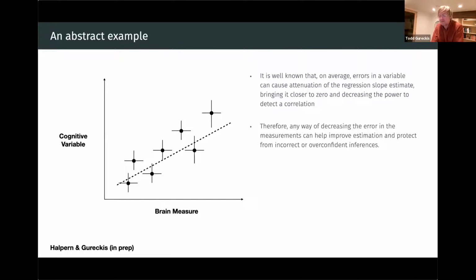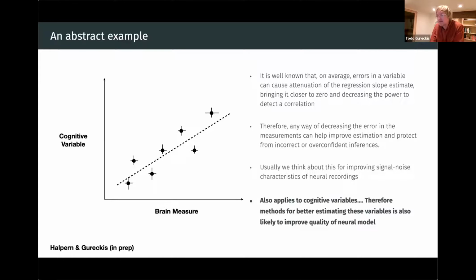So therefore, if we want to know something about this function, improvements in estimation should help protect us from incorrect and overconfident inferences. Now, usually we think about this in the context of the signal to noise characteristics of the neural measurements themselves, right? What we need to do is improve the quality of our neural measurements because they are typically noisy. So we'll get a bigger magnet perhaps, or maybe we'll get more trials per subject, or we'll improve the pre-processing pipelines and artifact detection and so forth, trying to improve the quality of the brain signal that we get.